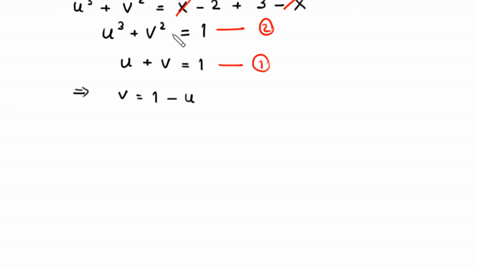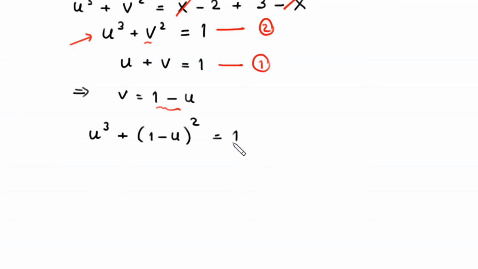In the second equation we replace v with 1 minus u. So the second equation will become u cubed plus (1 minus u) whole squared equal to 1.